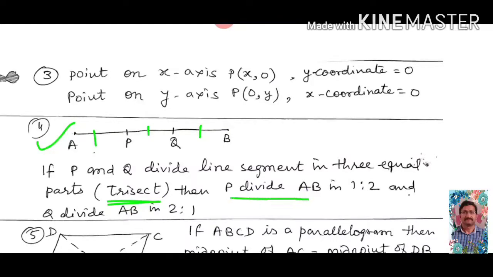Then P divides AB in the ratio 1:2, and Q divides AB in the ratio 2:1. So this is a very important concept, and we will have very important questions on it.